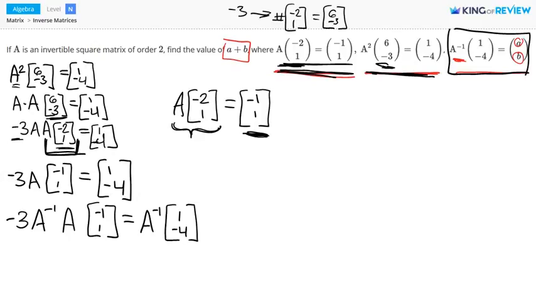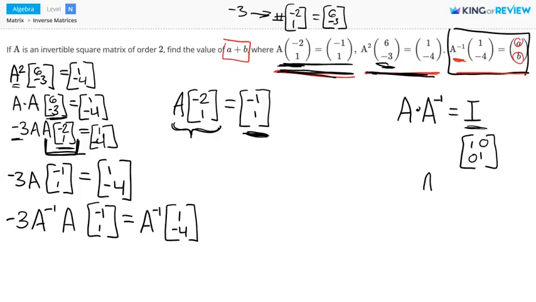Now I want you to remember the fact that if we have matrix A times its inverse, which is A inverse, this is going to equal an identity matrix. Remember, an identity matrix has 1s in the main diagonal and 0s everywhere else. And one feature with the identity matrix is that if you multiply a matrix of the same dimensions times an identity matrix, you'll get the original matrix.